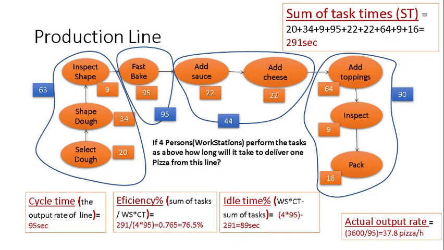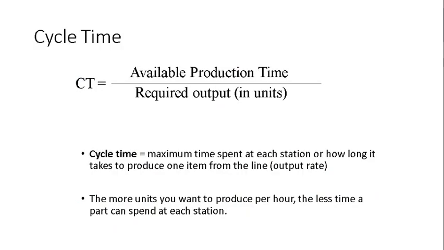Now we can deliver 37 pizzas per hour. One problem the manager has to consider is that we get a higher output rate, but we engage more resources. So there is a trade-off, and of course there is not only one solution, but it depends on the aims that every production facility considers.